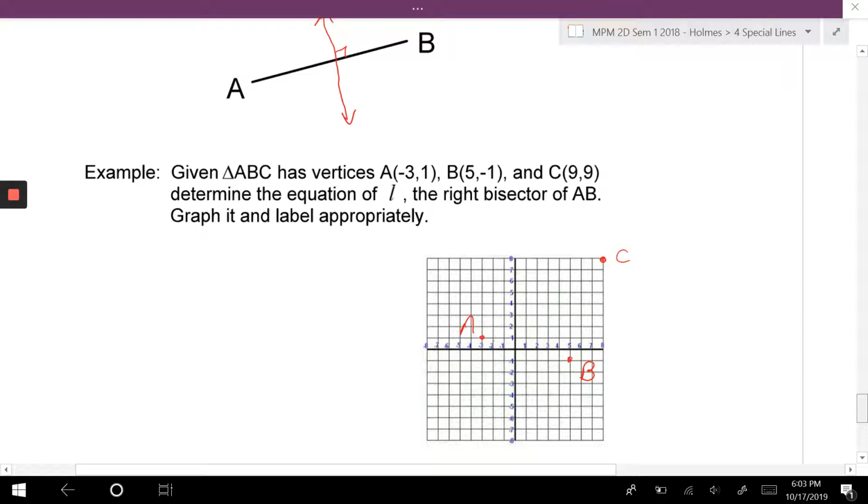Again, this would be drawn with a ruler. All right, so that's my triangle. We're asked to determine the equation of L, the right bisector of AB.